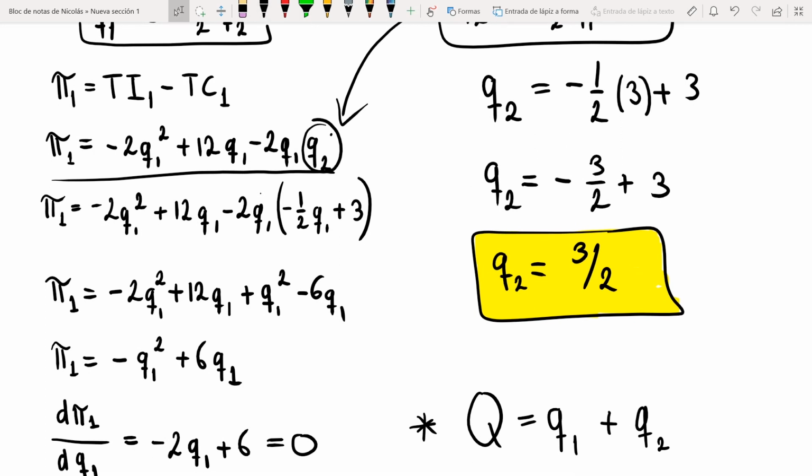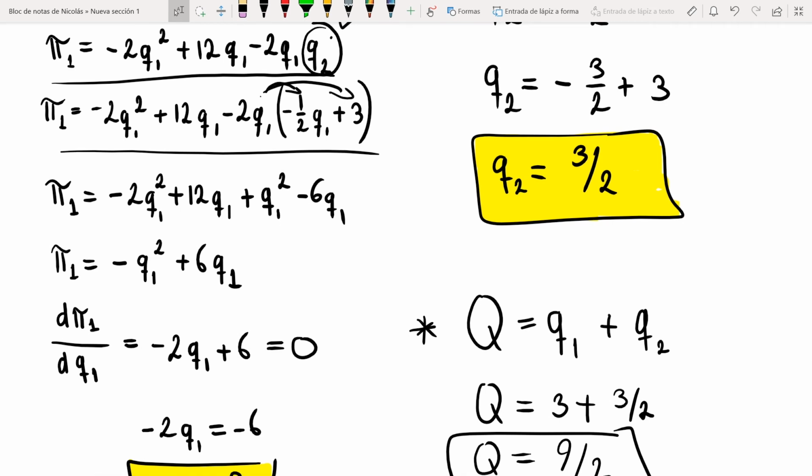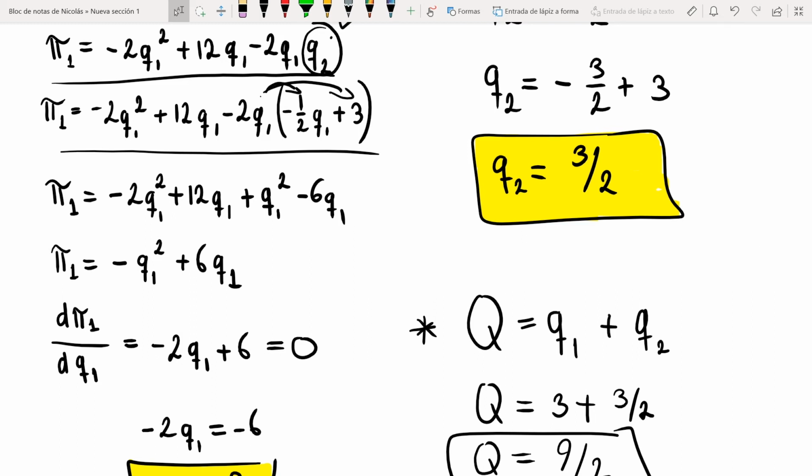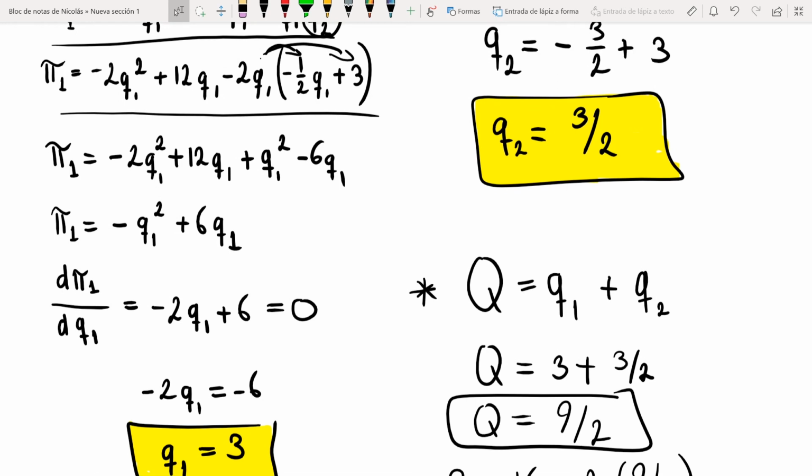So we'll end up having the following equation, in which we'll apply the distributive property again, and then simplify the equation, subtracting the 6 from the 12 and adding the Q1 to the Q2, because they are the same terms. So we'll end up having that the profit equation is this one.